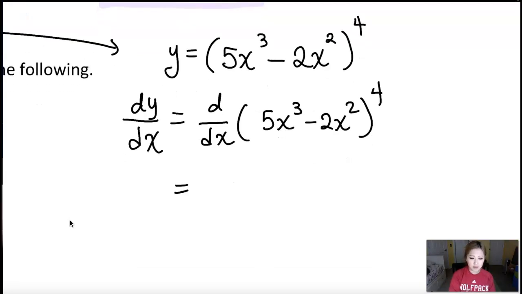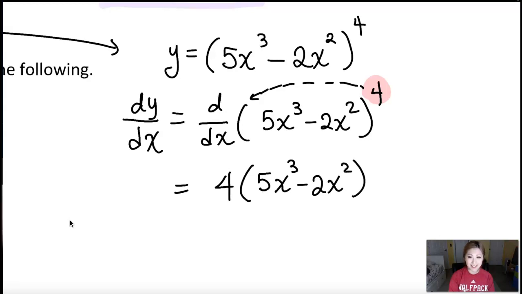So what do you do with that 4? I'm just going to go ahead and bring that down to the front and have it as 4 parenthesis 5x to the third power minus 2x squared. Keep the inside exactly the same, but this 4 will now go down to 3, right? But that's not it.